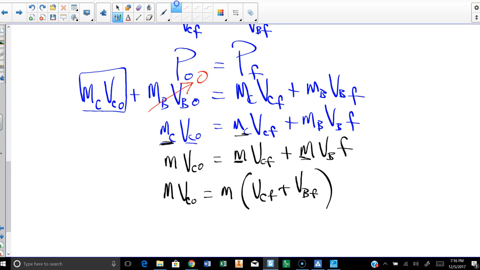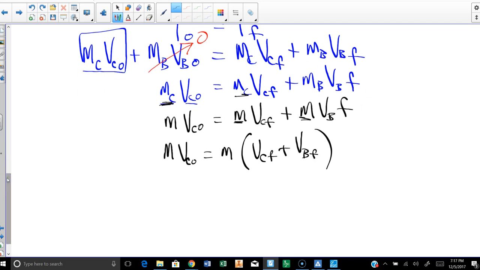All right. So if I wanted to, I could go M VC original. Ooh, wait a second. Divide both sides by that mass. Interesting. Mass goes away when I do that.